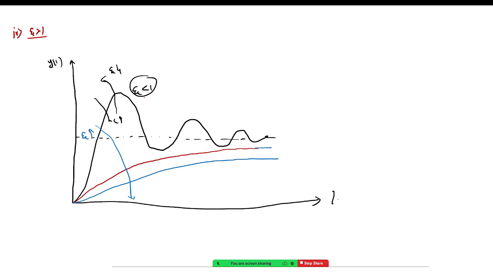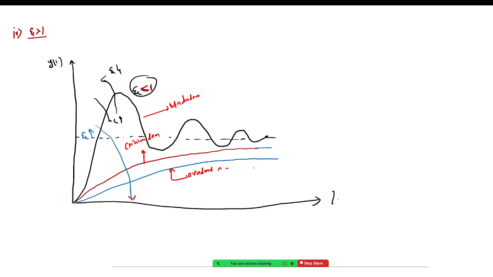So definitely this one, where zeta is less than 1, will be an underdamped system. The plots of overdamped and critically damped look the same, but here zeta is less compared to this point. So this will be called critically damped, and this will be called the overdamped. Fine.